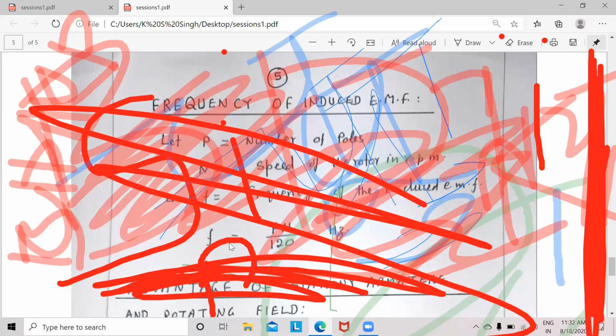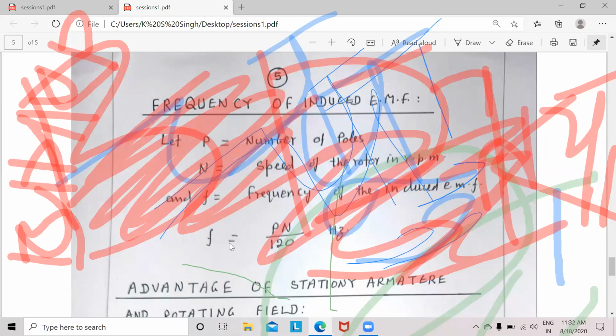If you find the speed from this equation, N is equal to 120f by P. Since P is constant and the frequency of the induced voltage is constant, hence the speed obtained from this equation is a constant.